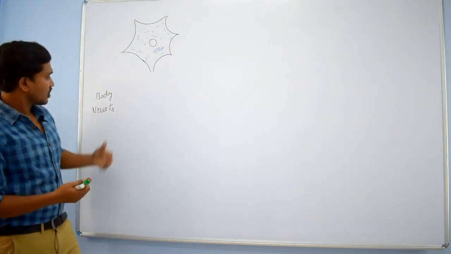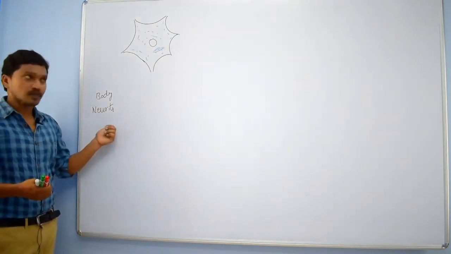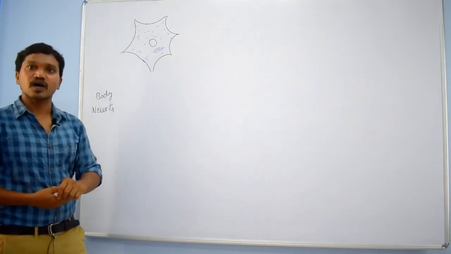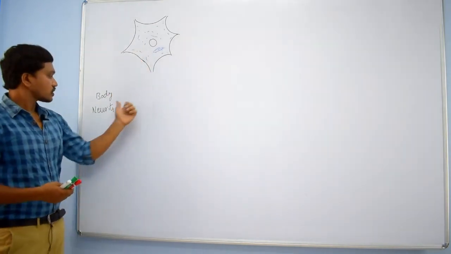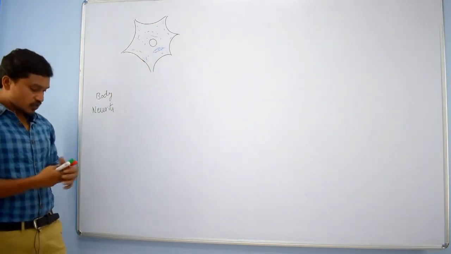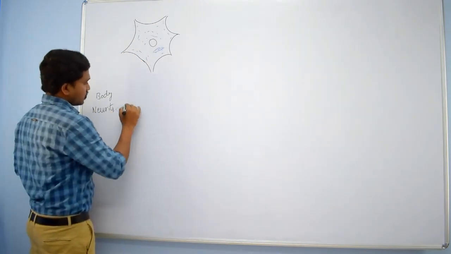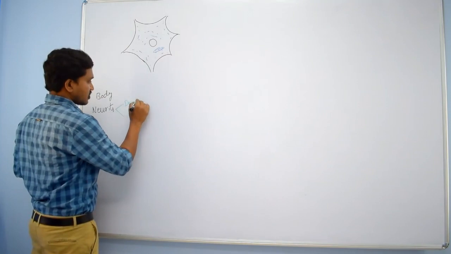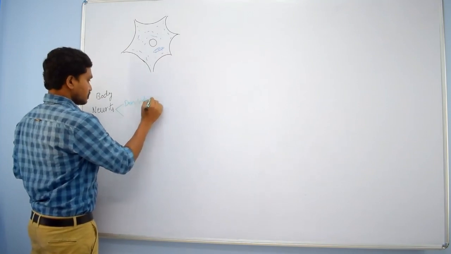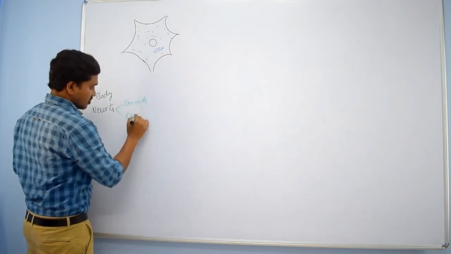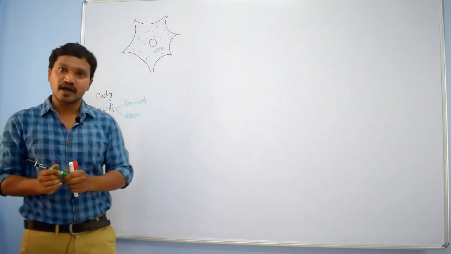This is the cell body, or perikaryon, or soma. Then neurites are further classified into dendrites and axon.